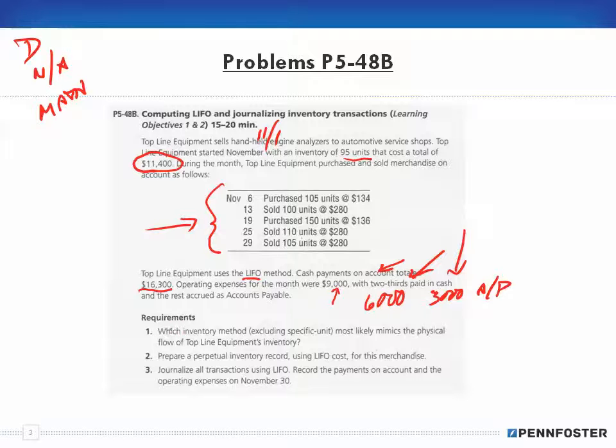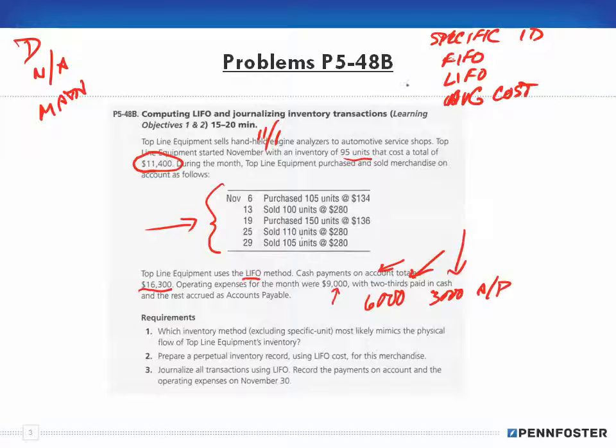All right, so now it says number 1, which inventory method, excluding specific ID, most likely mimics the physical flow. So remember, we have specific ID, we have FIFO, we have LIFO, and we have average cost.